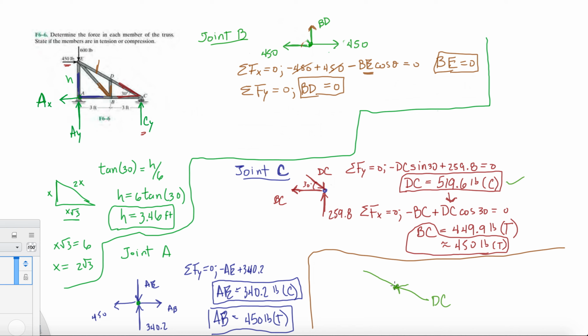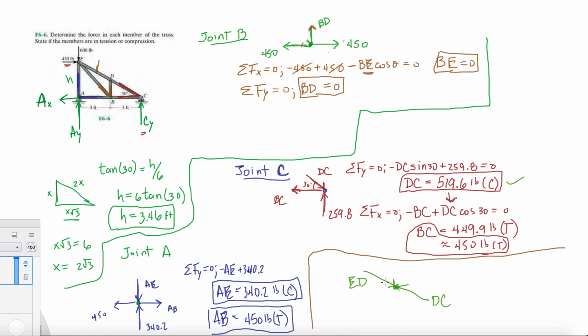So we know that ED has to counteract DC. And then we have DB over here, right? Oh wait, but we found that BD was 0. So this right here actually doesn't exist. There's no force here.